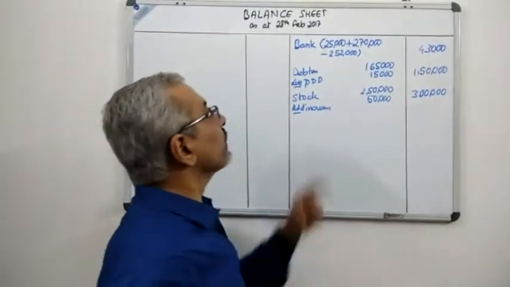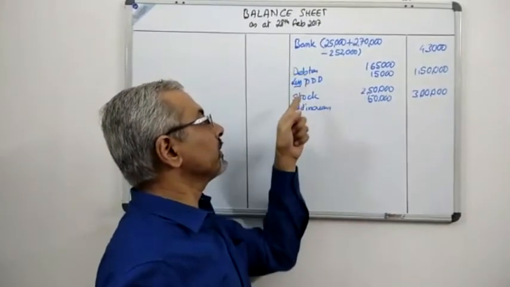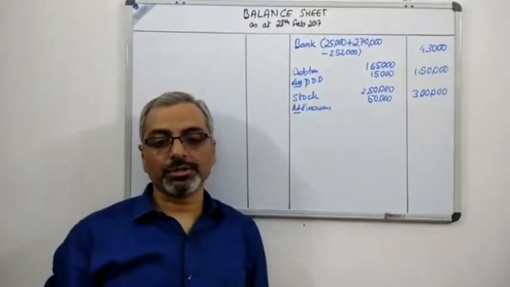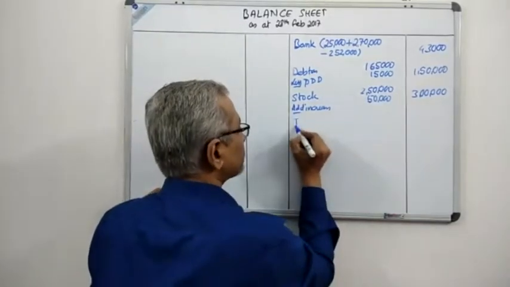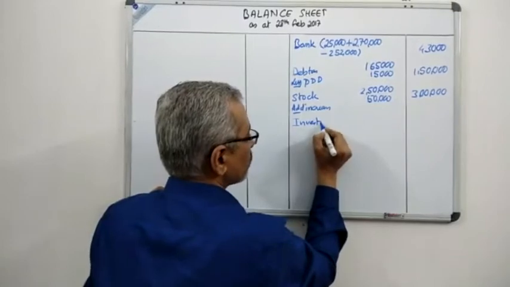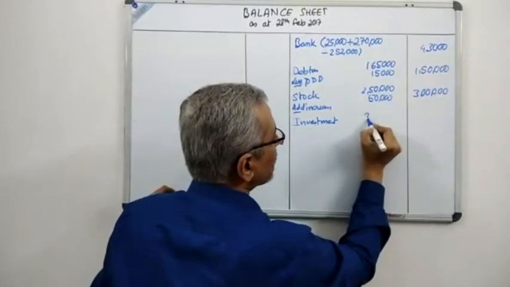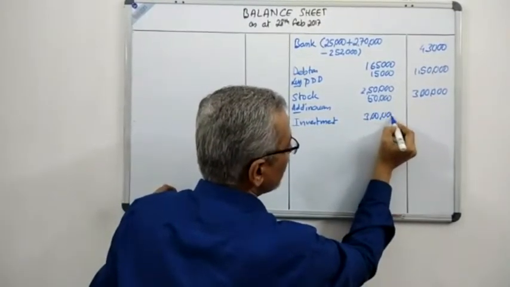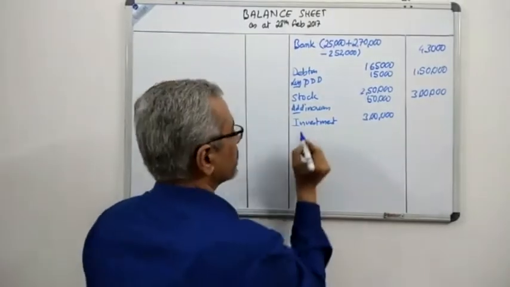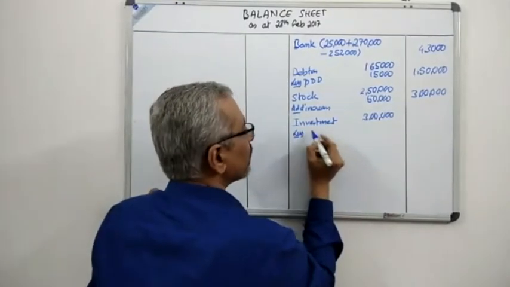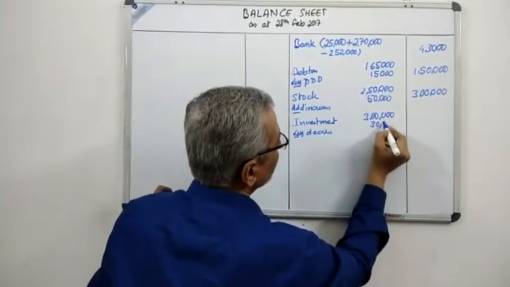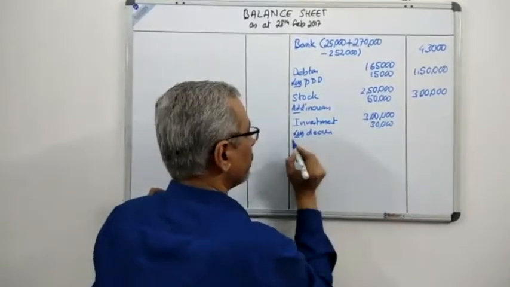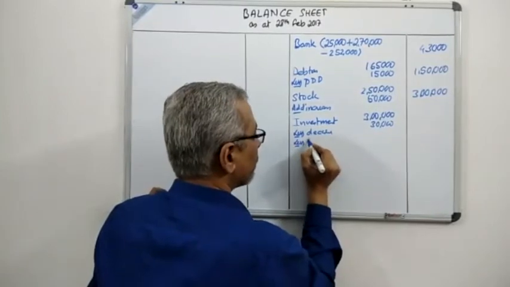Okay. After we have completed the bank, debtors, stock, now let us concentrate on the investment. Okay. What was the investment? Please see very carefully. 3 lakh. It is sold at a loss of 10%. So let's decrease 30,000. You can also write less revaluation and less bank.